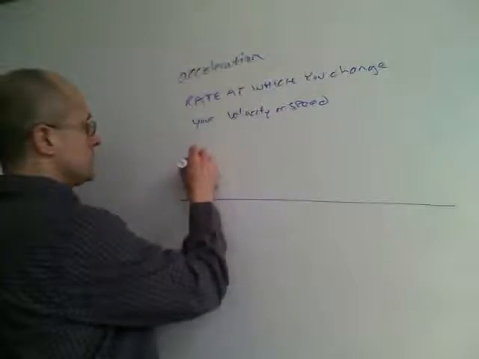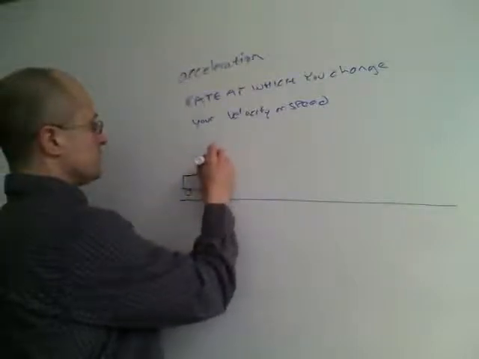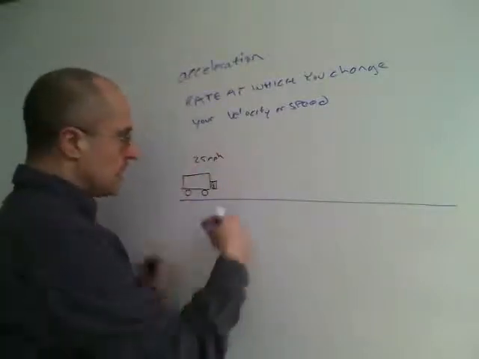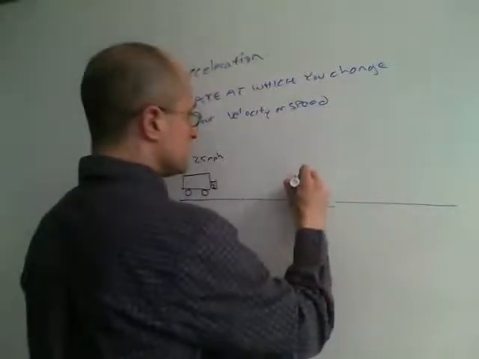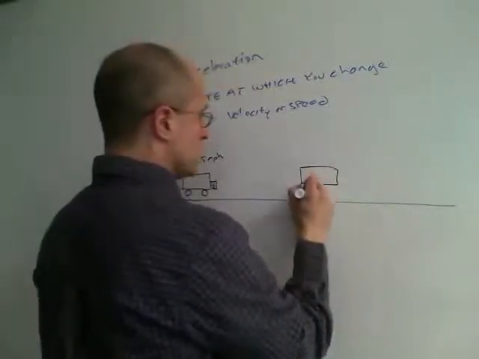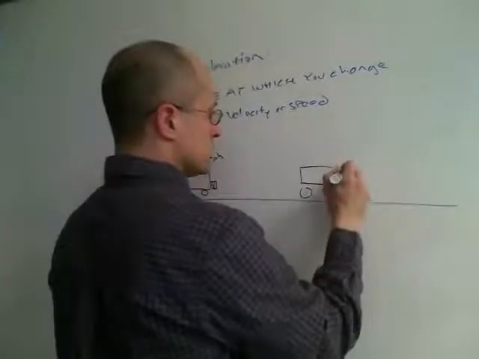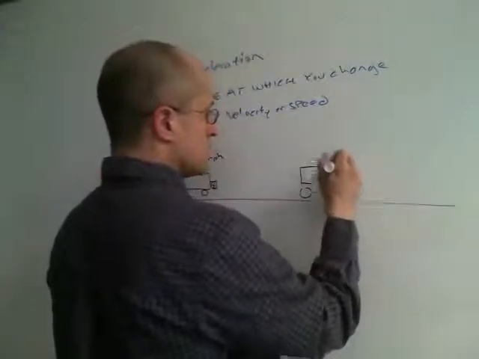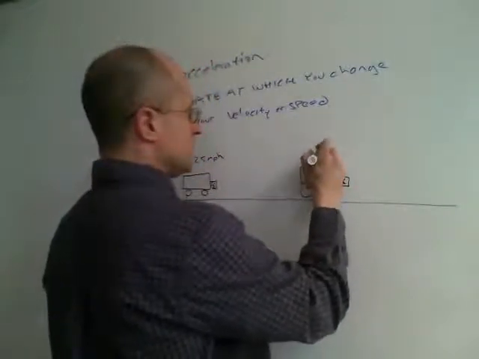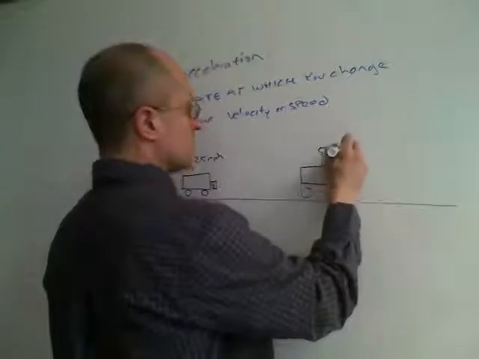You're going, let's say, 25 miles an hour, and then at some point later, you're now doing, let's say, 50 miles an hour.